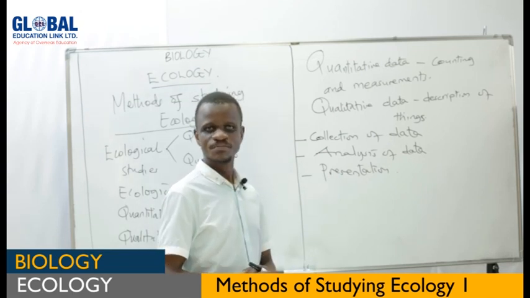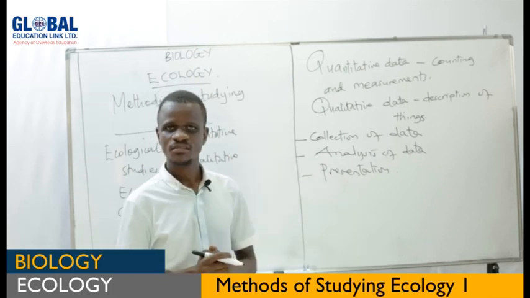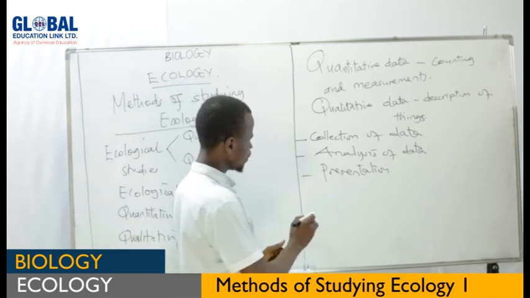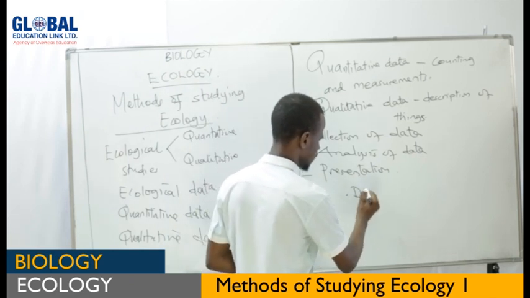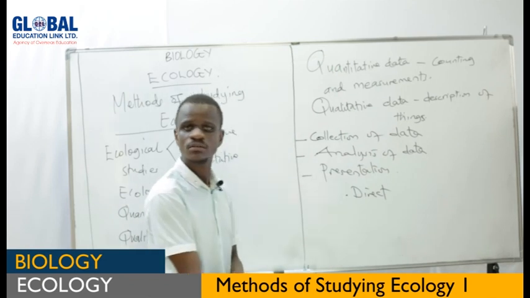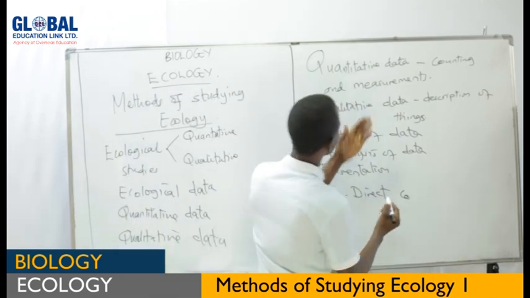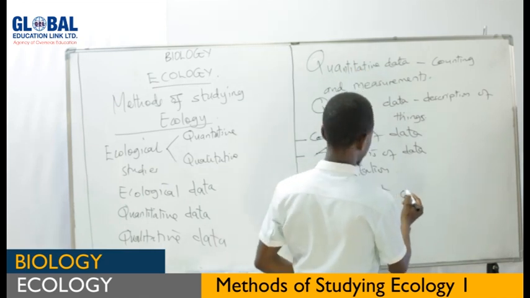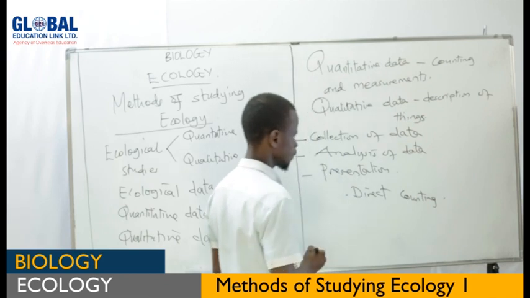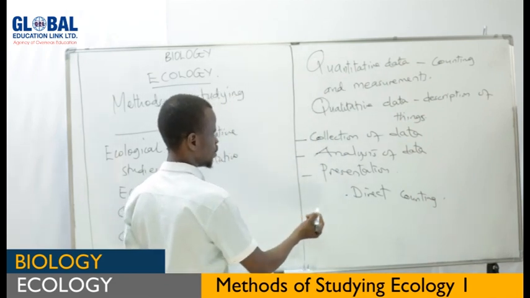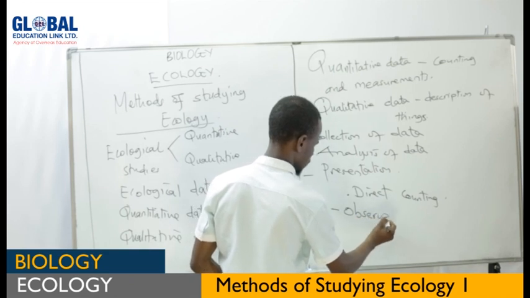My students, how are data collected? Data may be collected directly. Therefore, there is a direct method of collecting data, maybe direct counting, if we are dealing with quantitative data. Here you observe, so there you count.